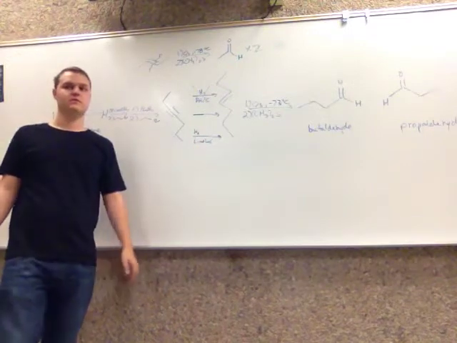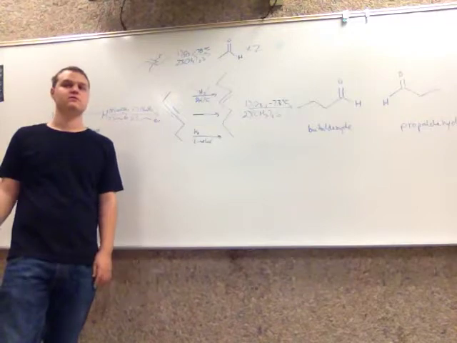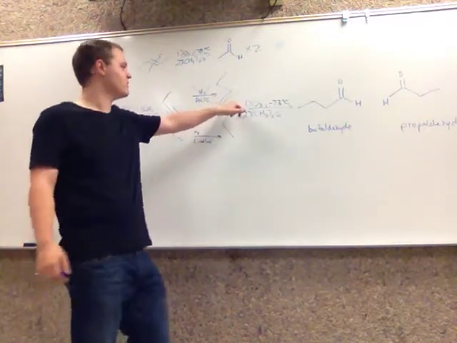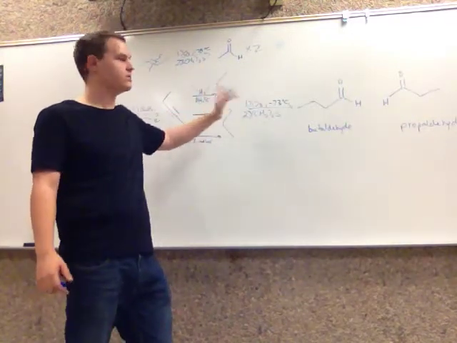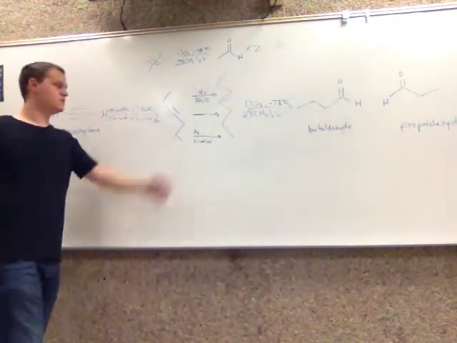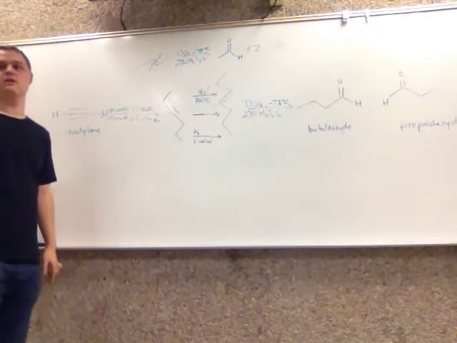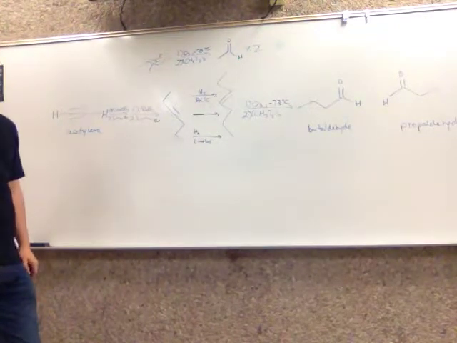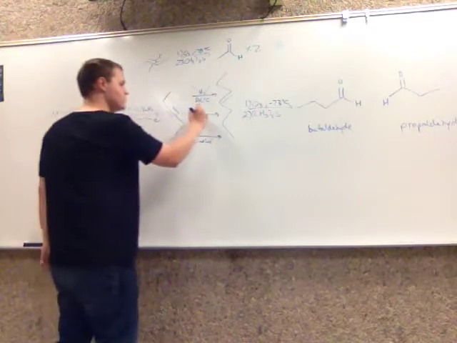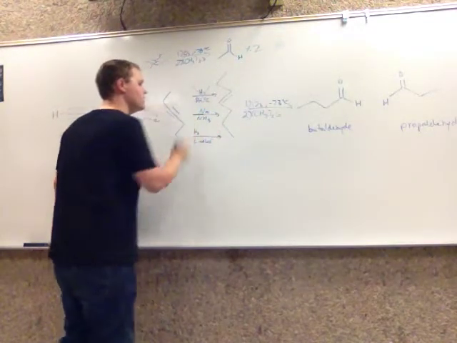What does that do? Cis. Does it matter if we get cis or trans? It wouldn't, right? Because even if I drew this as trans, it doesn't really matter, because if this was cis, it would still do the same thing. But what's the other one we could use to get the trans? Sodium and... Oh, sodium and NH3, yeah.